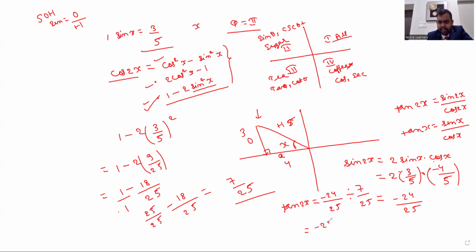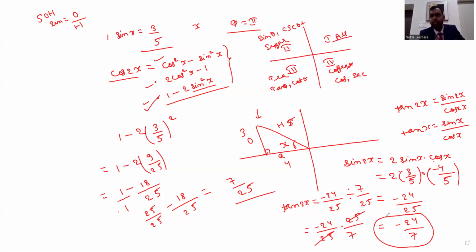This becomes negative 24 upon 25 times 25 upon 7, because we reciprocate and the division sign changes into multiplication. The 25 and 25 cancel out and we have negative 24 upon 7. That is your answer for tangent 2x. Okay, so this is how you are going to solve this question. I hope you got the point.